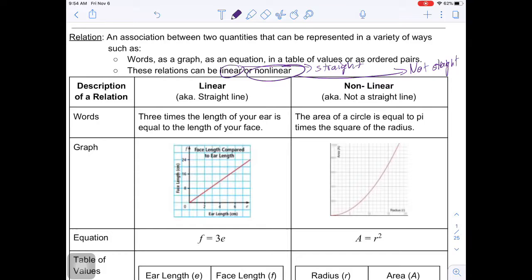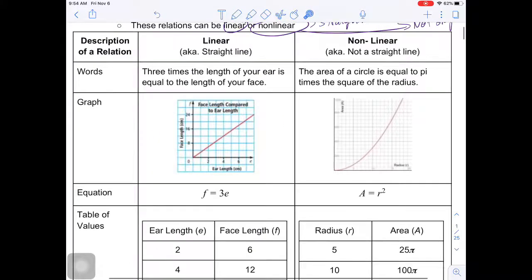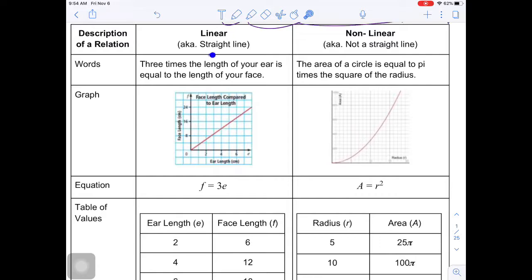Okay, and in grade 10, you learn how to make graphs for linear relations. So we can kind of see here, everything here is listed below, and this is just one really quick example. So this would be a linear relation, and again, aka it means it is a straight line. You can see here that we have a relation in words. 3 times the length of your ear is equal to the length of your face, which is kind of weird, right?